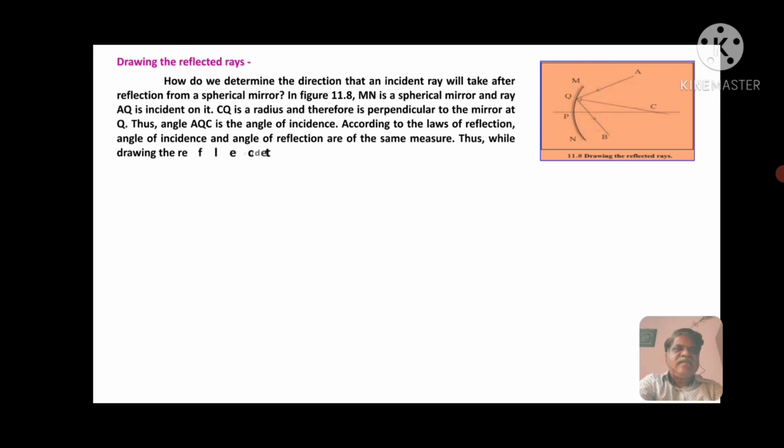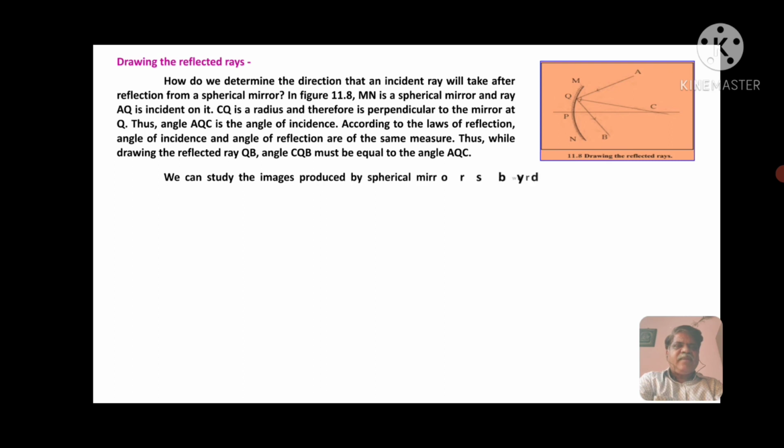CQ is a radius and therefore a perpendicular to the mirror at Q. Thus, angle AQC is the angle of incidence. According to the laws of reflection, angle of incidence and angle of reflection are both of the same measure. Thus, while drawing a reflected ray QB, angle CQB must be equal to the angle AQC.